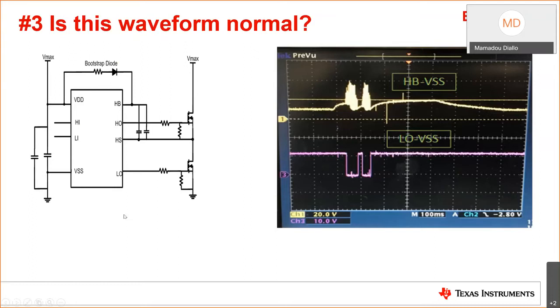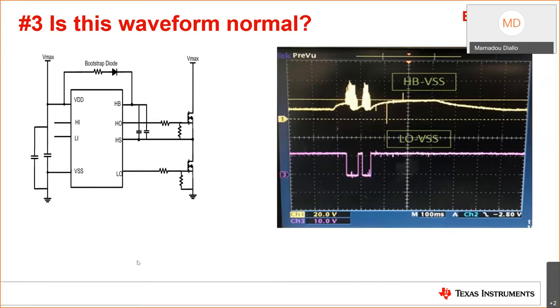All right, looks like the majority picked option C, ringing on HPVSS, which is absolutely correct. Option D is also a good answer: noise and oscillations likely caused by fast HS slew rate. So both C and B are appropriate here.